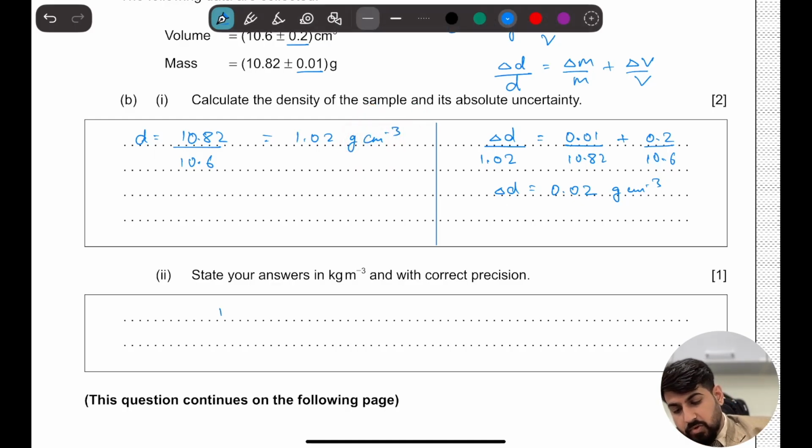So we have 1.02 gram per centimeter cube. To convert gram into kilogram, I have to divide by 1000.